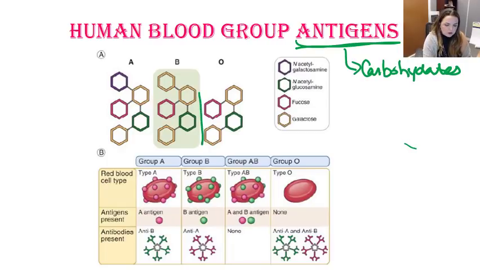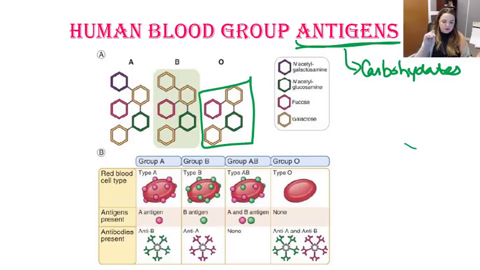The O carbohydrate is basically the simplest carbohydrate structure. You can see it has a pink ring, a yellow ring, a green ring, and a yellow ring. A and B share the same O structure, as you can see here, but they have added side chains that make them different. So O is the base structure, and A and B are accessorized.